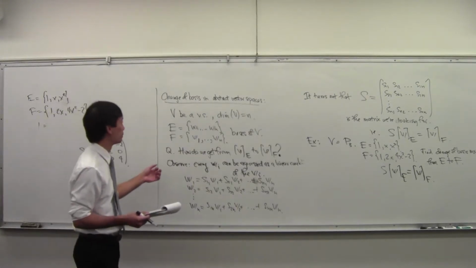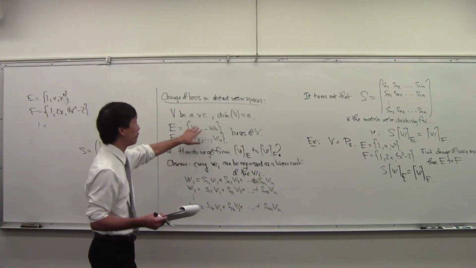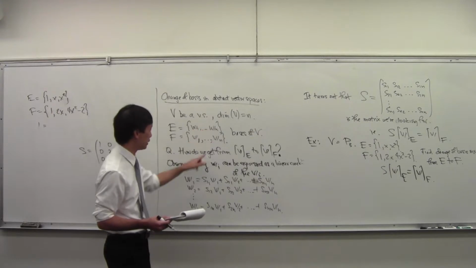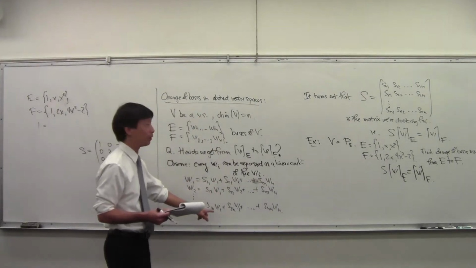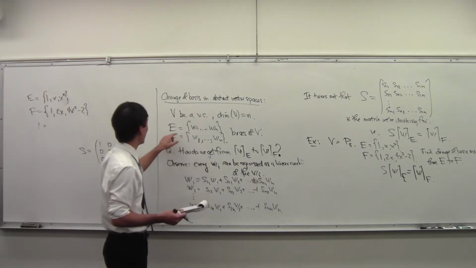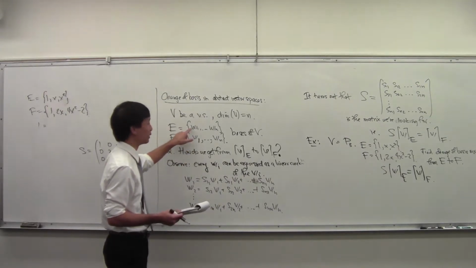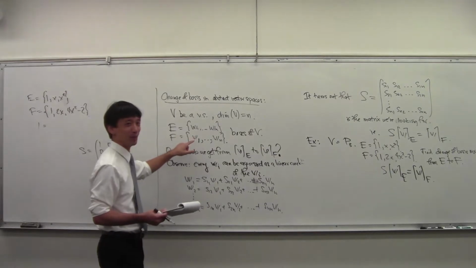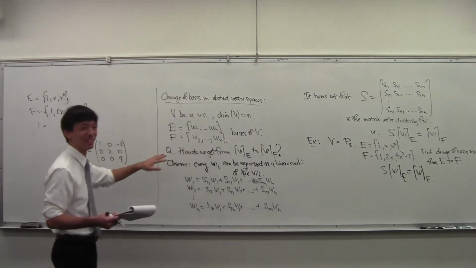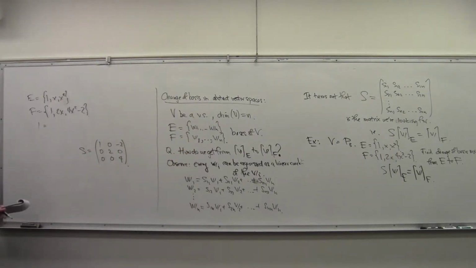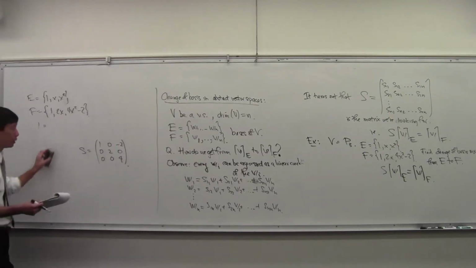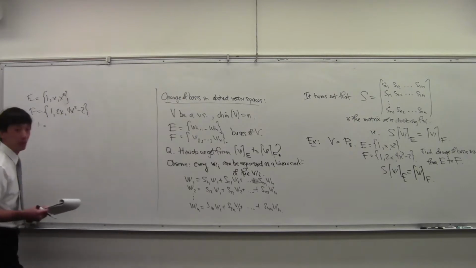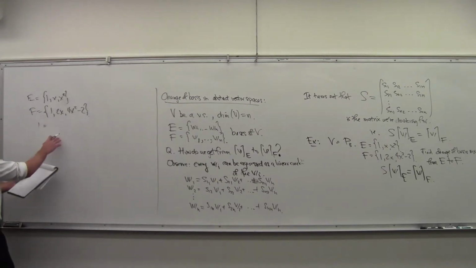To go from E to F, you take the W guys and express them in terms of the V guys. Probably you're thrown off by the fact that E is before F, but V is before W. So I should change that at some point. But that's basically right. Your procedure was right.